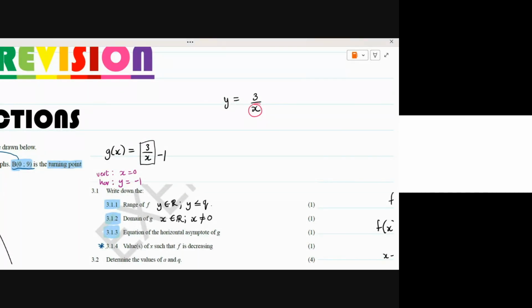Which value can x not be? Good, it can't be 0, because if I get 3 over 0, this is undefined. I won't get an answer for it. So I know that x cannot equal 0. That's how we know that one of our asymptotes is x equals 0.